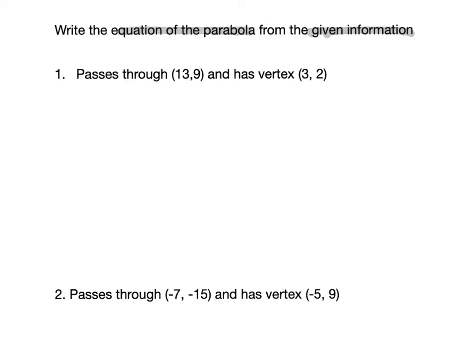In problem 1, they tell us a point that it goes through, and they tell us the vertex. When they tell you the vertex of a parabola, you immediately want to pull up vertex form, because the vertex has the ordered pair h, k. Its x value is h, its y value is k, and so we know what h and k are very, very quickly because they told us.